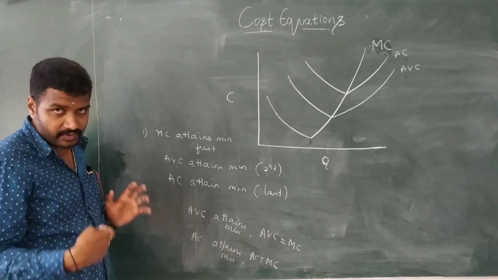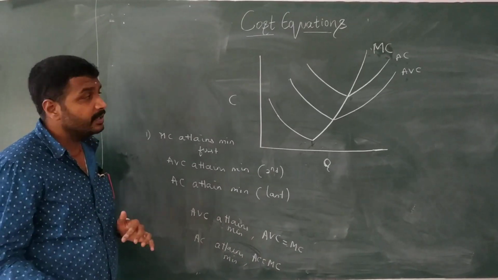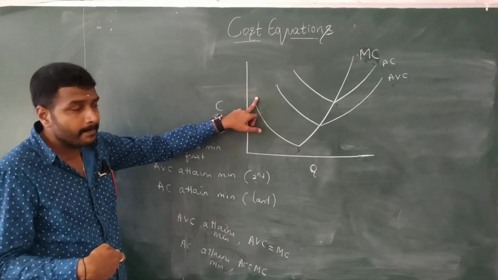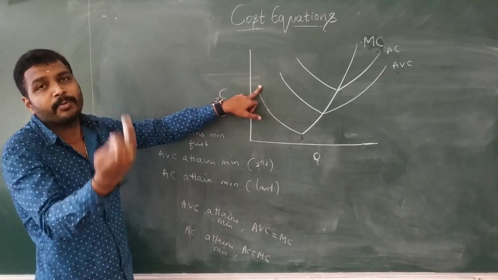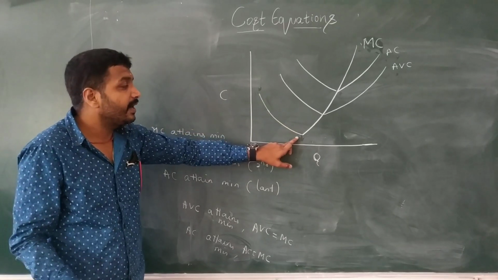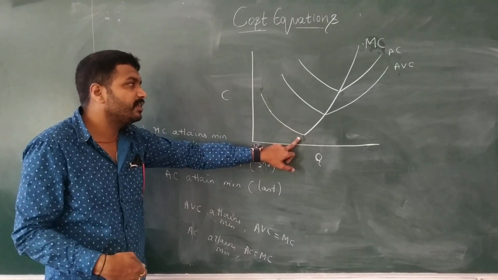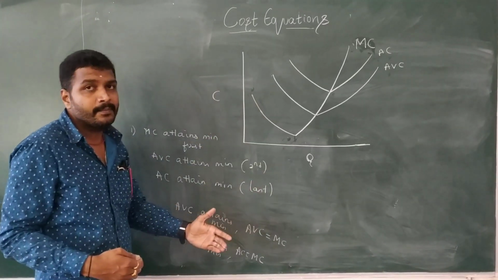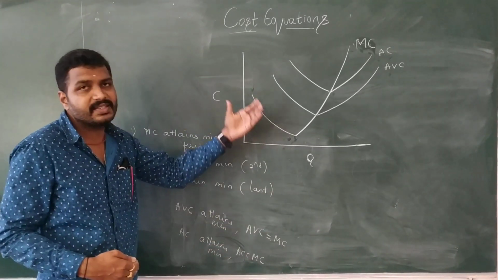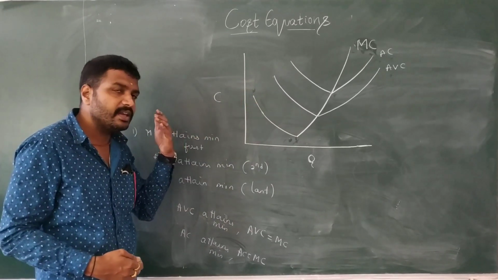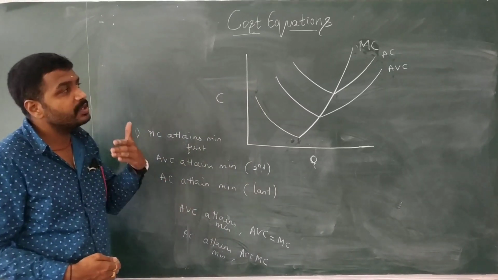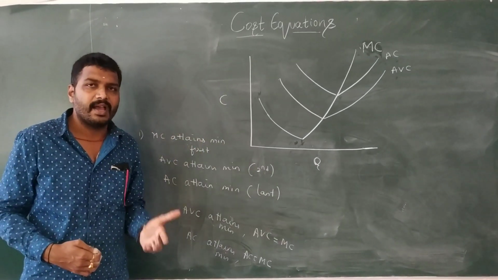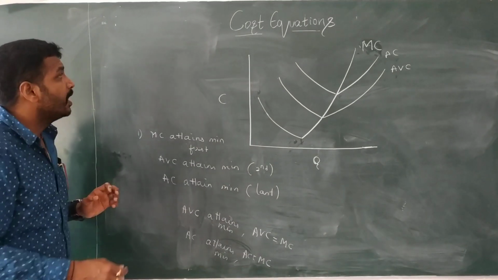That used to be the first question which needs to be answered. Why MC used to be the first curve which is going to fall, followed by ABC, followed by AC. And one more important thing you need to observe: when MC is falling, what is the nature of AC and ABC, and when MC is rising, what is the nature of AC and ABC. Based on that also questions will be asked in the exam, that you need to remember.